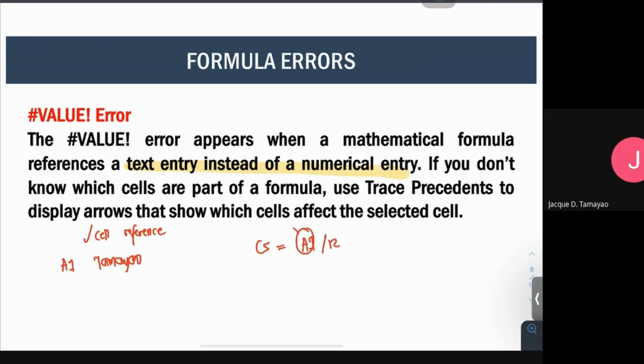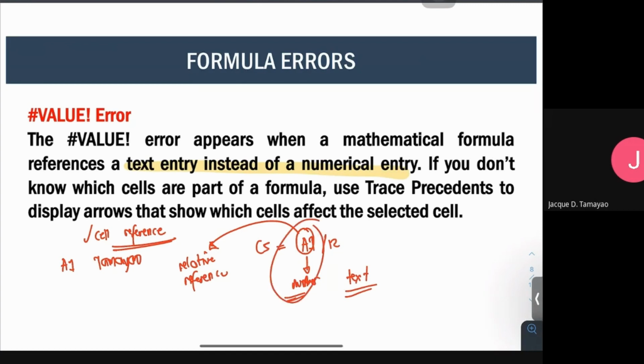A1 here is the relative reference. So there is a cell reference, but we will divide it by 12. Can you divide a text by 12? Can you divide Tamayaw by 12? No. Therefore, there will be a value error because instead of A1 being a number, what is placed is a text. What we need here is a number, but we placed text.